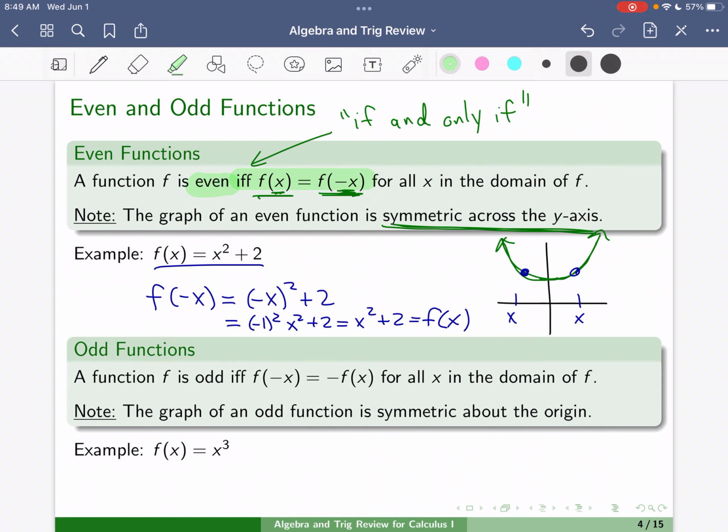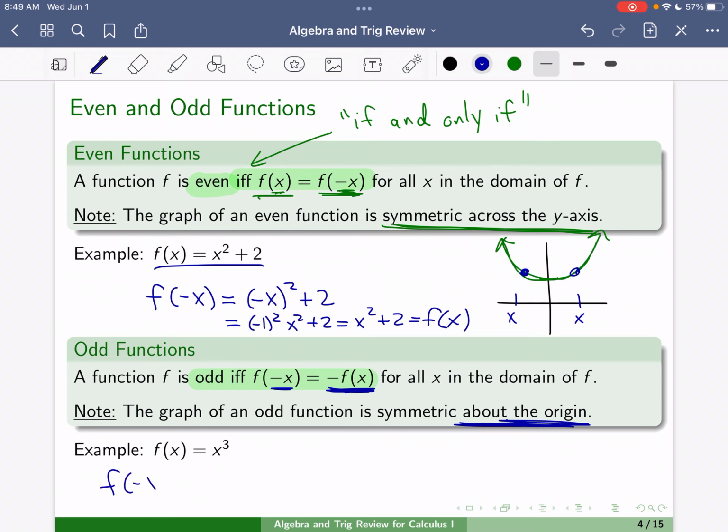An odd function, a function is odd if and only if, when we plug in the opposite of x, then the output should be the opposite of what we get when we plug in x itself. So these functions are symmetric about the origin. So if we have f of x equals x cubed, let's verify this is odd.